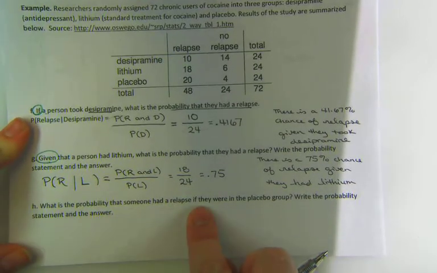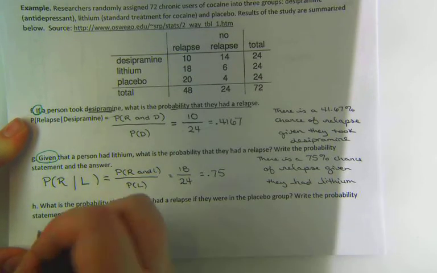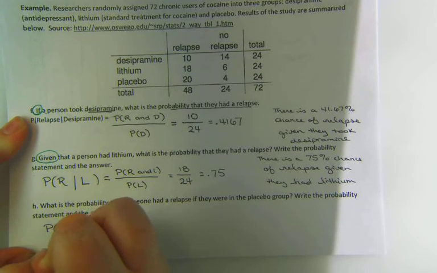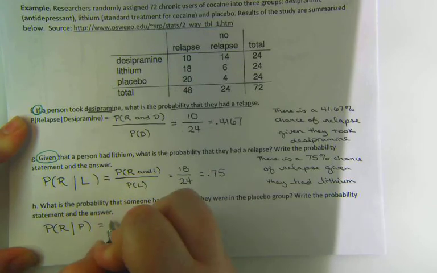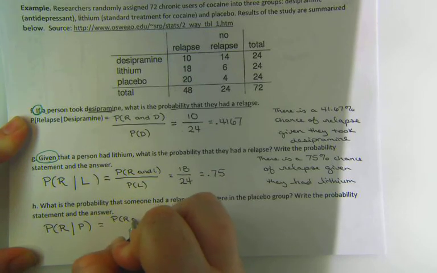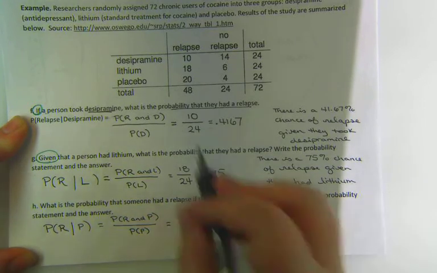And that'll give us a 0.75. So there is a 75% chance of relapse given they had lithium.